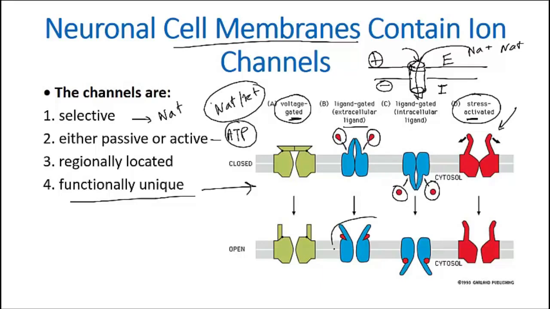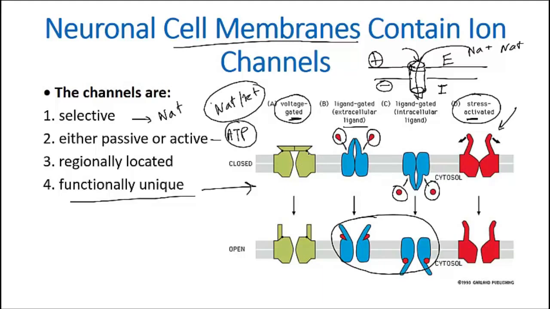Some voltage gated channels also work this way: due to the change in membrane potential, those channels open up due to the change in voltage in and out of the cell. So these are the different features of ion channels that we are going to see.